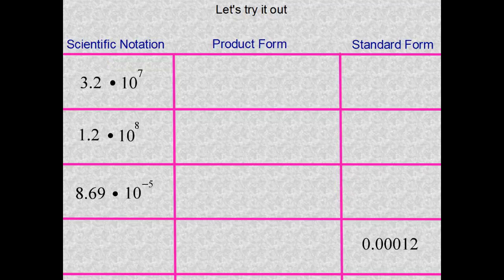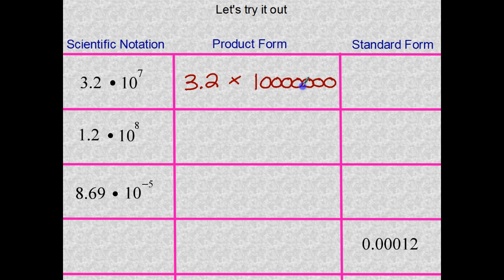Product form means multiplication, so this written in product form would be 3 and 2/10 multiplied by 10 to the 7th power, which we know our base 10 chart would be 1 with how many zeros? You guessed it, 7 zeros after the 1. 1, 2, 3, 4, 5, 6, 7.